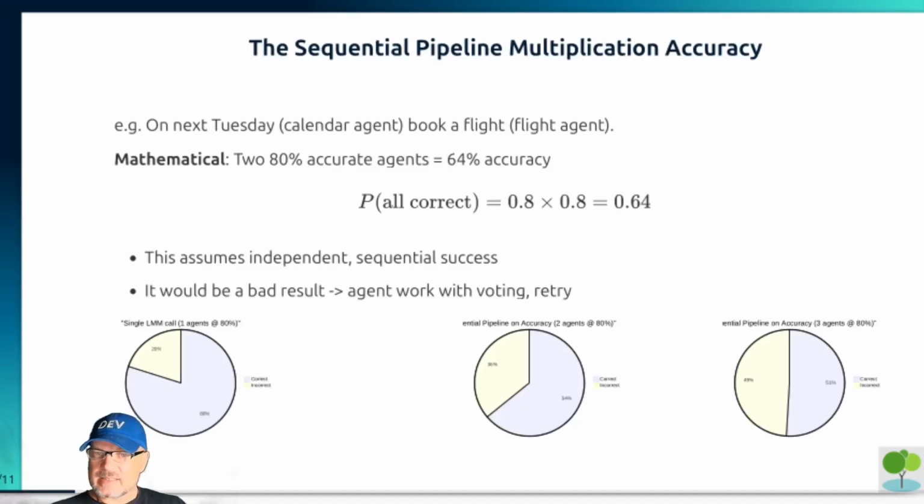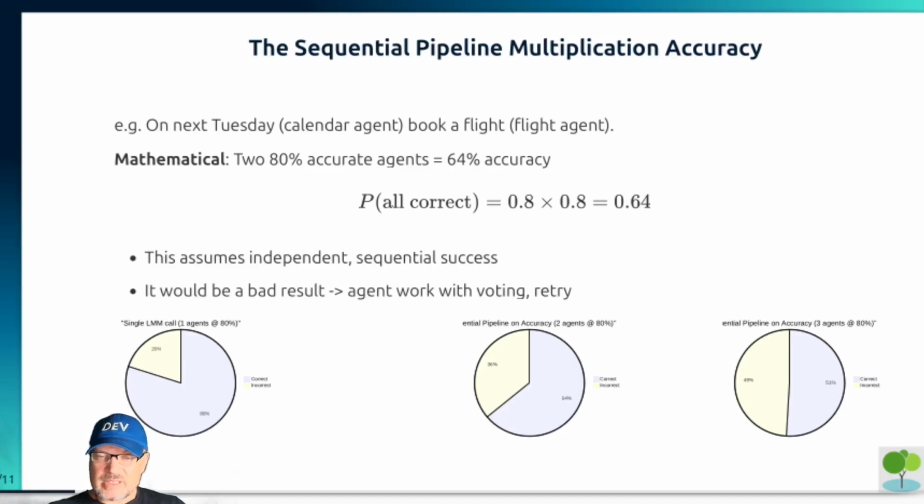In this case, I would like to search for a flight next Tuesday, so I use the calendar agent and the flight agent. When I assume that both have an accuracy of only 80%, it would result in only 64% accuracy. This is quite a bad result. We do not want such a low probability, so we have to improve it with voting, retry and other mechanisms.